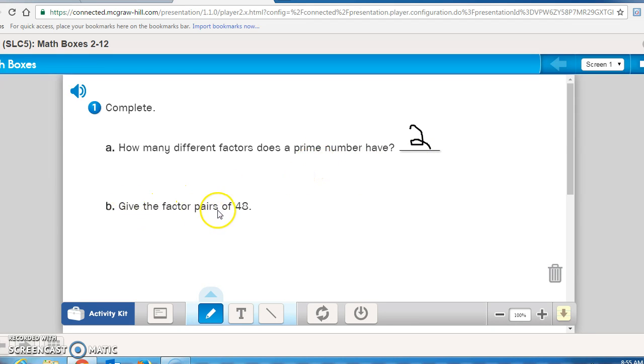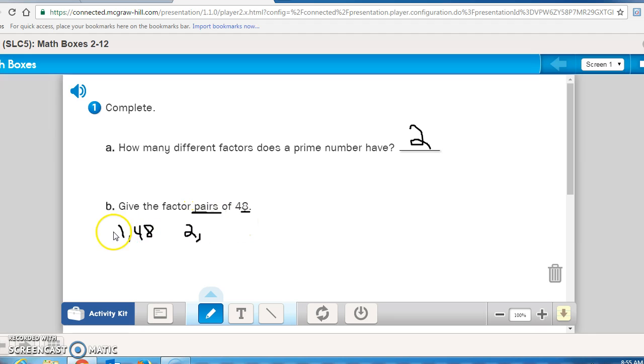Give the factor pairs. This tells you pairs means 2, just like you have a pair of shoes, you need 2 of them. So you should start out with 1 times 48 is 48. That should be your first set of factor pairs. It is an even number, so you know that 2 can be a factor.